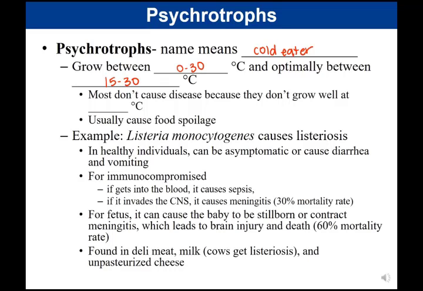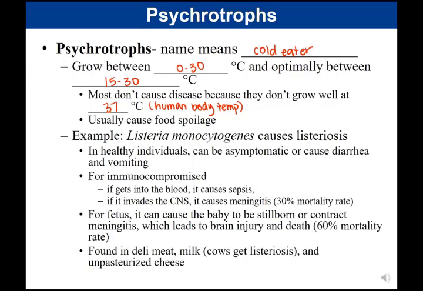Most of these organisms don't cause disease because they don't grow well at 37 degrees, meaning human body temperature. So there are some that can cause disease, but many don't. However, psychrotrophs are usually food spoilage organisms. They're usually organisms that will cause food to spoil.